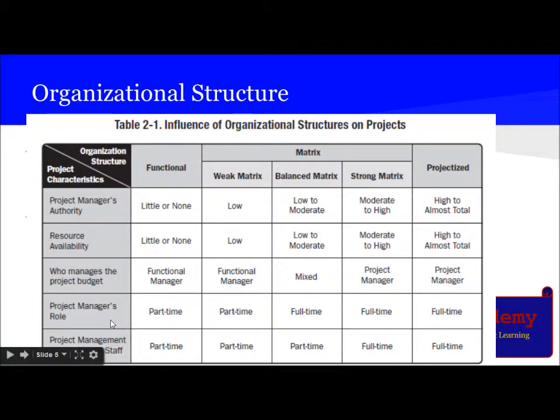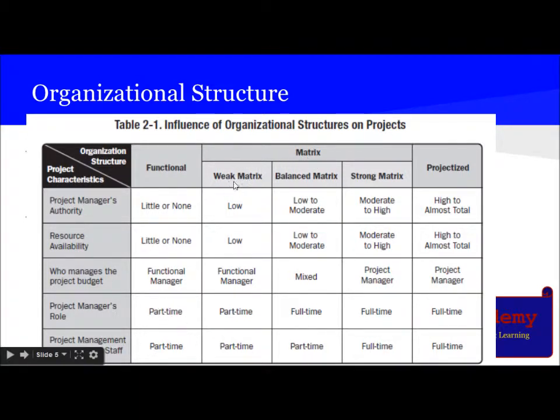A project manager's role is part-time, and the project management administrative staff role is also part-time. So functional is mainly under the functional manager, and the project manager's role is either none or little, which is the main point to remember. And the project manager and their staff are part-time.